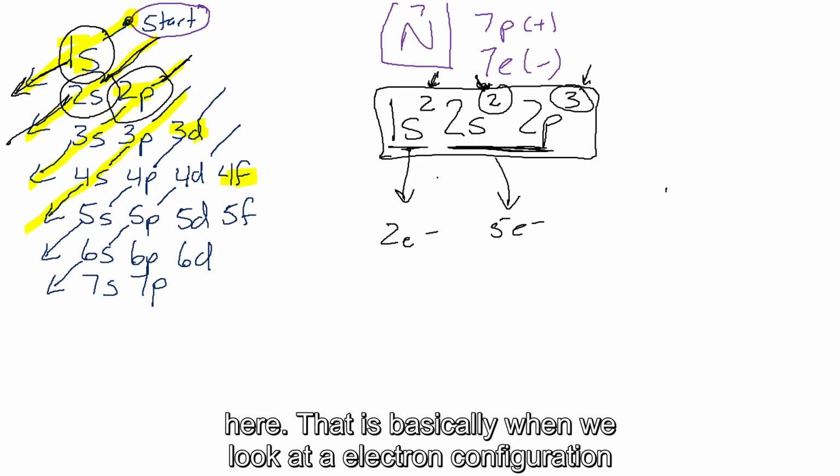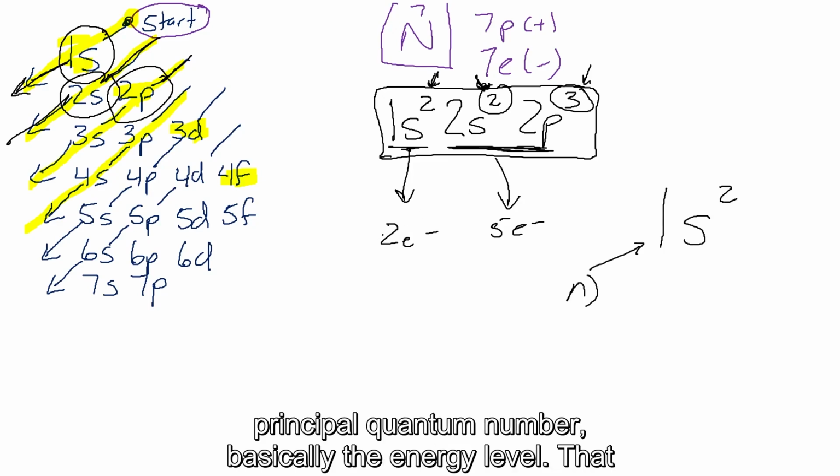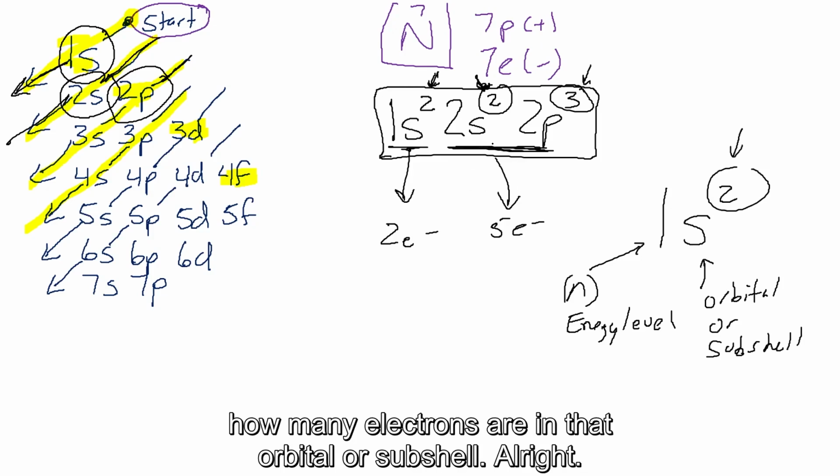When we look at an electron configuration written something like this, that first number there is the principal quantum number, basically the energy level. That is the orbital, our subshell the electrons are in, and that is how many electrons are in that orbital or subshell.